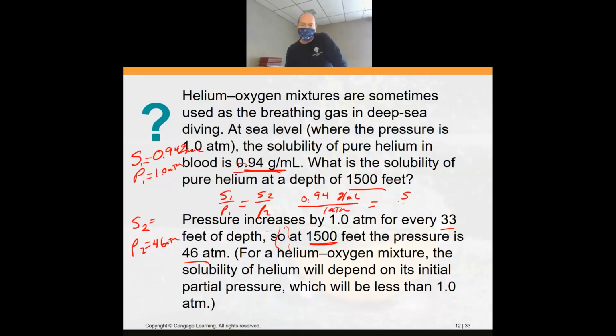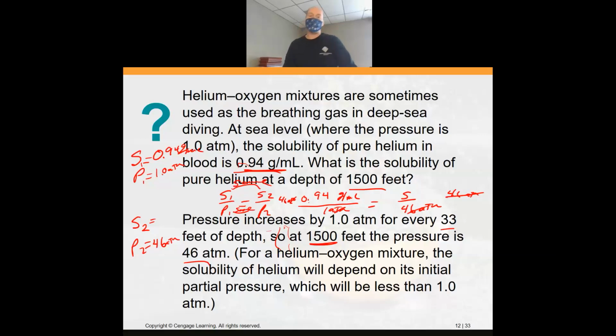What is the solubility at 46 atmospheres? To solve for this, you multiply both sides by 46 atmospheres to get rid of the 46 atmospheres here. The 46 atmospheres cancel. Again, your units have to be the same.